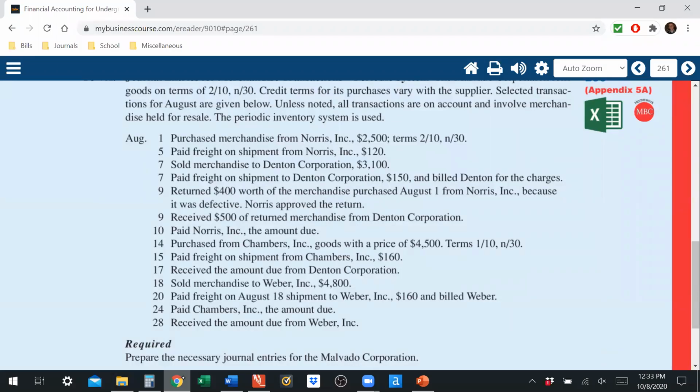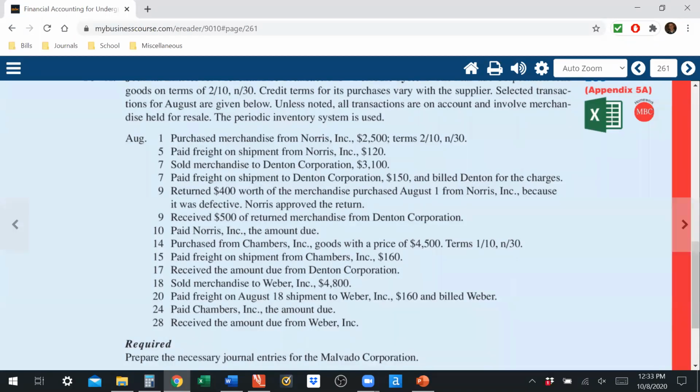August 17th, we received the amount due from Denton Corporation. What amount is due from Denton? We had sold merchandise to Denton on August 7th for $3,100. We had paid some freight on shipping the goods to Denton for $150, and we billed them for the charges.